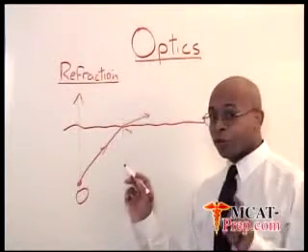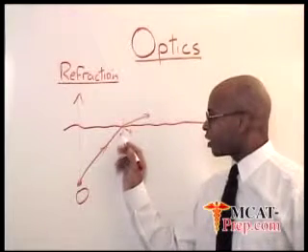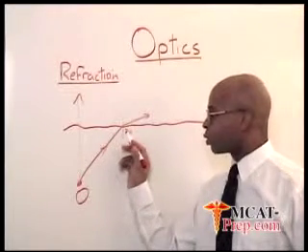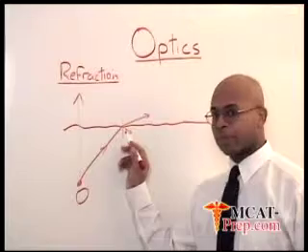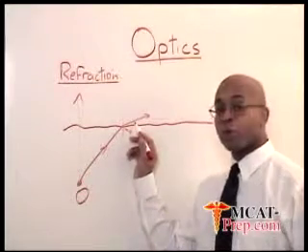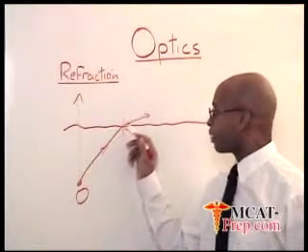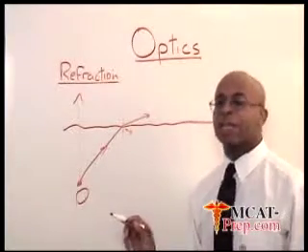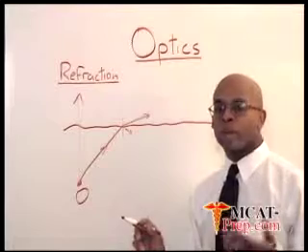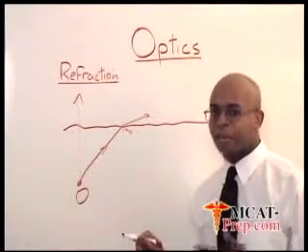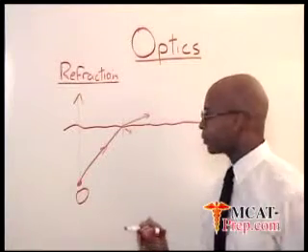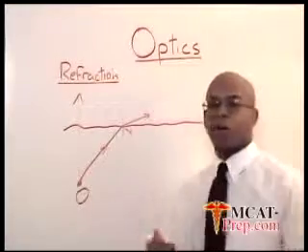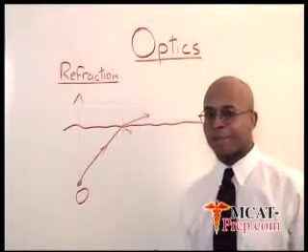Of course, as we mentioned before, the angle of incidence would always be equal to the angle of reflection. The angle of refraction, which is the angle between the refracted ray and the normal line, can be calculated according to Snell's law, where n1 sine theta 1 is equal to n2 sine theta 2. So this is all a review so far of what we've seen.